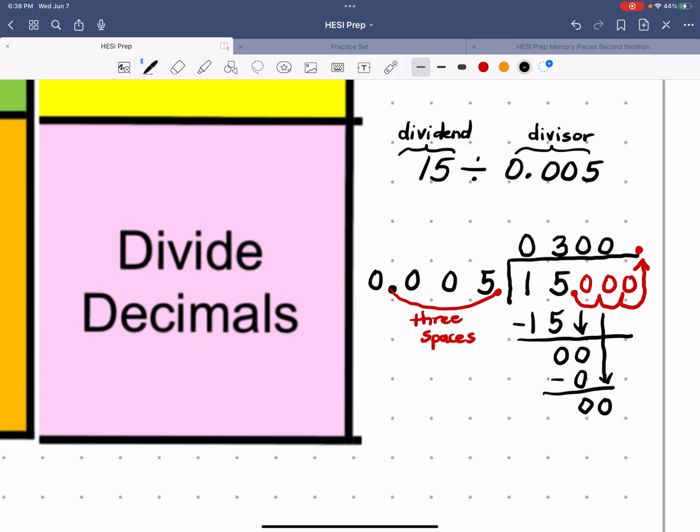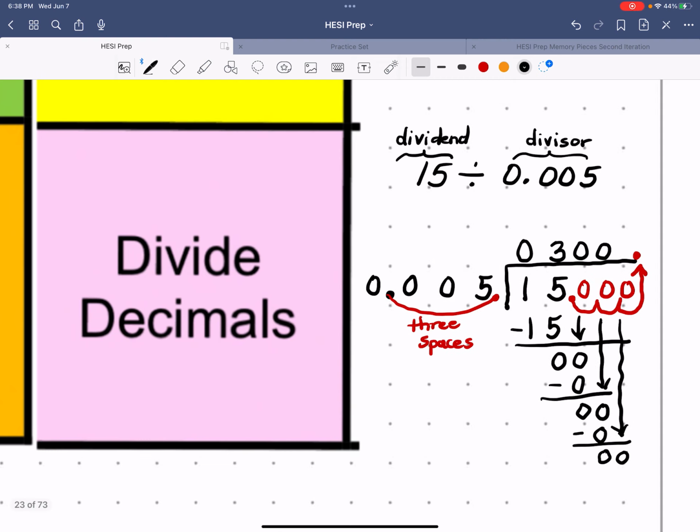That is 0. This is very important, or you're going to end up with a quotient that is too small. And this is the third one that I'm bringing down. And so this time, when we come down here, there's nothing else to bring down. So you have your answer.